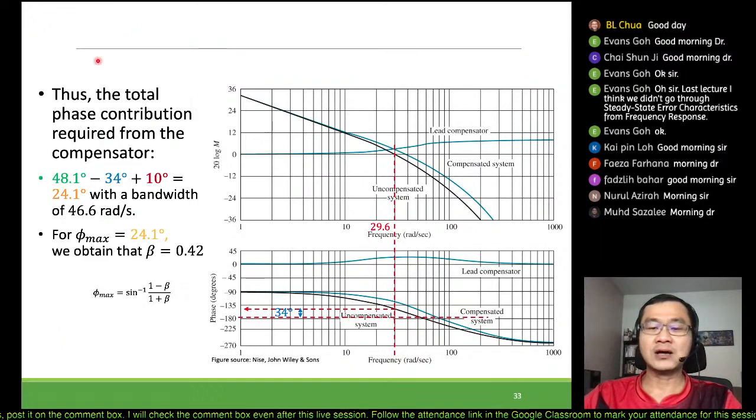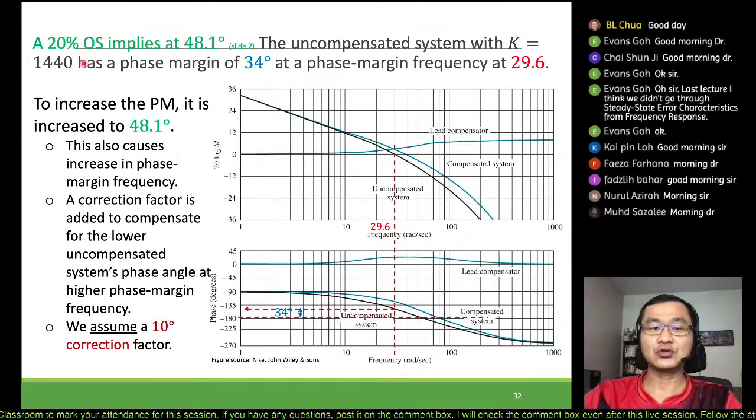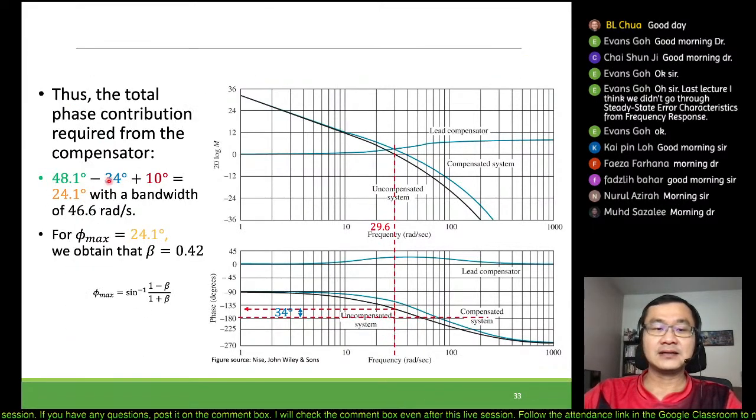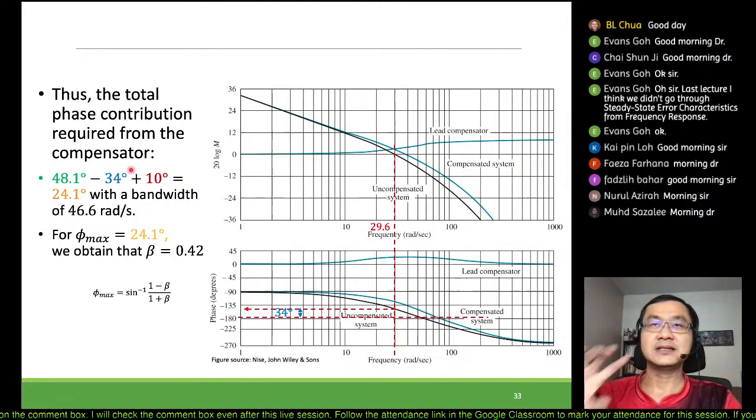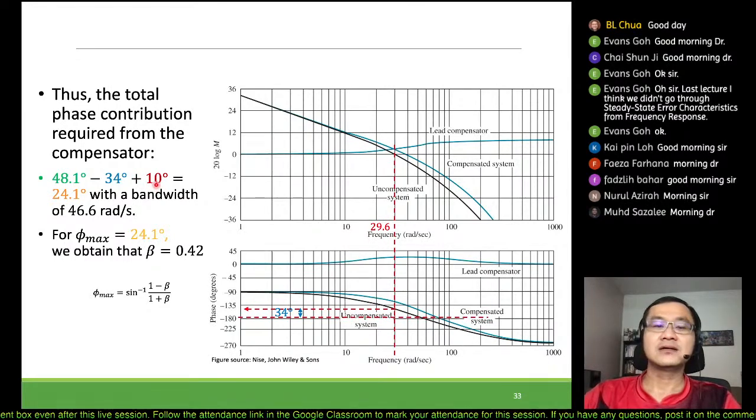We do a calculation: 48.1 degrees minus the 34 degrees, which we obtain due to the phase margin itself, plus our assumption of a 10 degree adjustment.